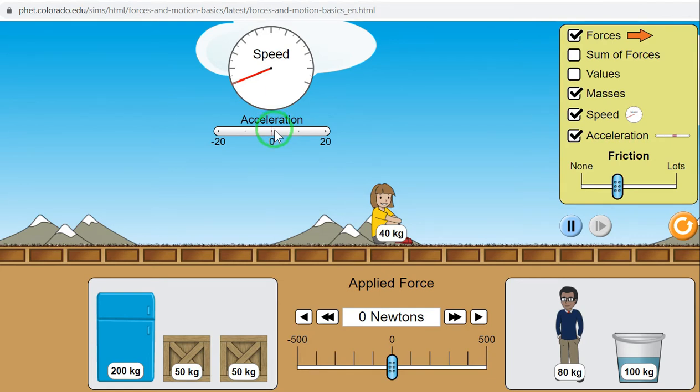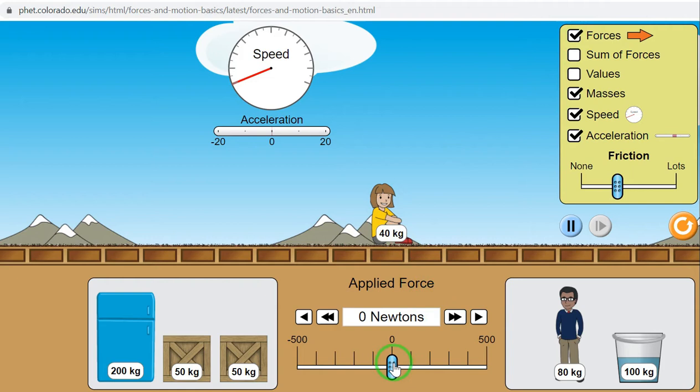So Newton said this acceleration depends on the mass, right, and the force applied. Let me repeat, acceleration depends on mass and force applied, right? Let's say, suppose I take a 40 kg mass, right?